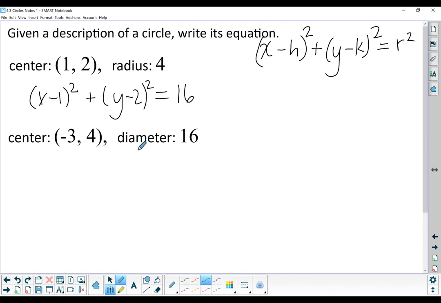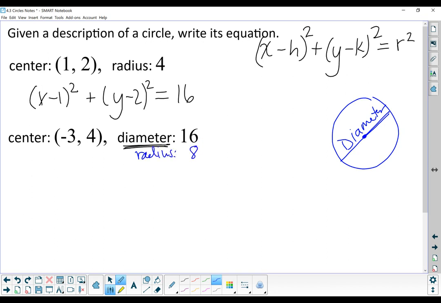Now on this one, be careful. It does not give me the radius, it gives me the diameter. So on a circle, the radius is the distance from the center to the edge. The diameter is the distance all the way across. So if the diameter is 16, that means the radius is 8.